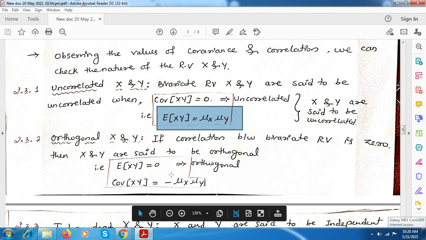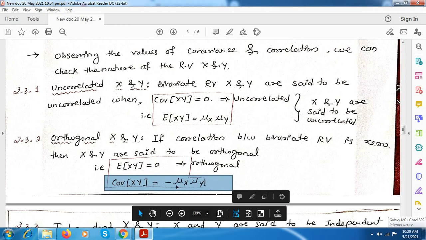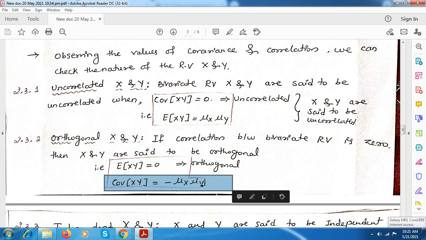Here if you put the correlation E of xy equal to 0, which means x and y are orthogonal, you get covariance of x and y equal to minus mu x into mu y. Take down both these.